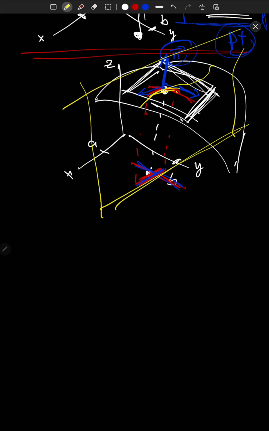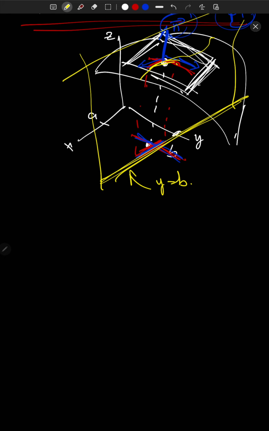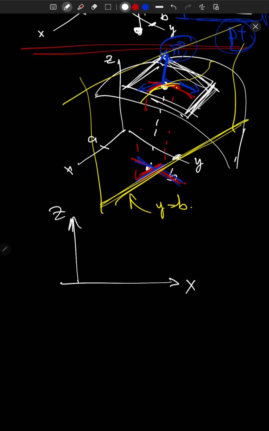So this is the plane y equals b. The reason I'm doing this is so that, in essence, I just have a one variable calculus problem. So I have z and I have x, and I'm not even going to bother to draw y, since we're at y equals b. My function above is going to look like that. I'm at x equals a, and I essentially want to figure out this direction right there.